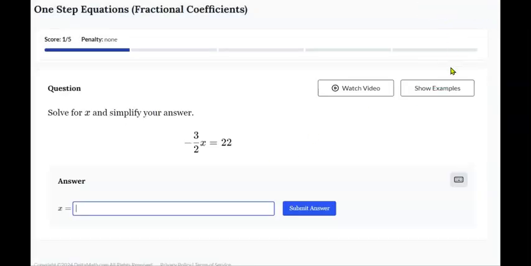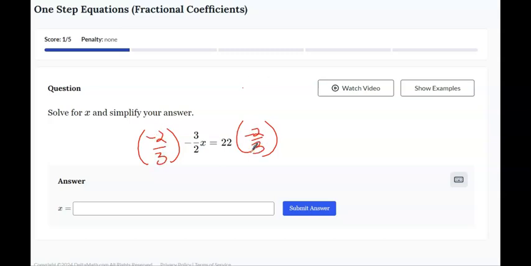One more time. When your variable has a fraction as a coefficient, you multiply both sides by the reciprocal. Just take that fraction and flip it over.